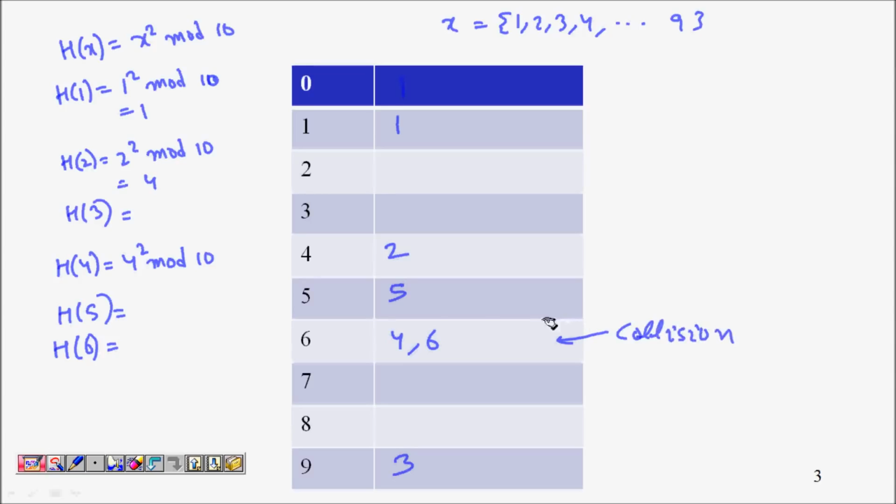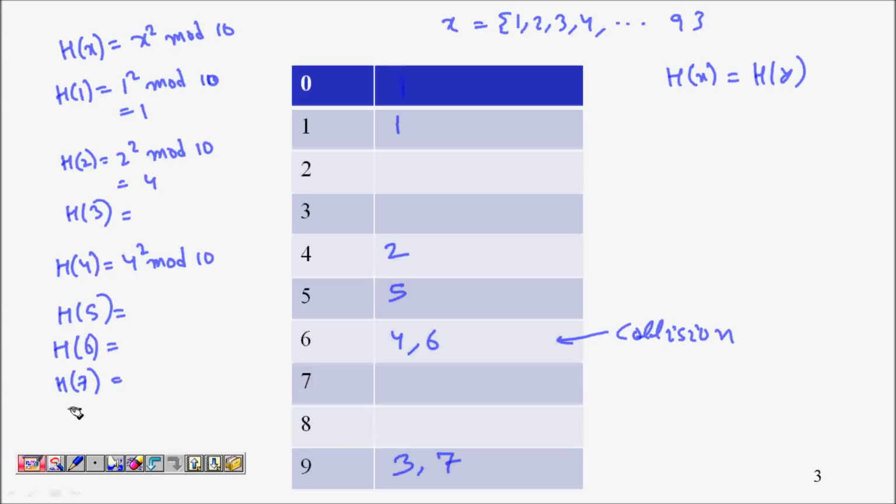This will happen if you have a hash table where you are using such a formula. There is a chance for h of x to be equal to h of y, and then there will be a collision. h of 7 will be 49 mod 10.